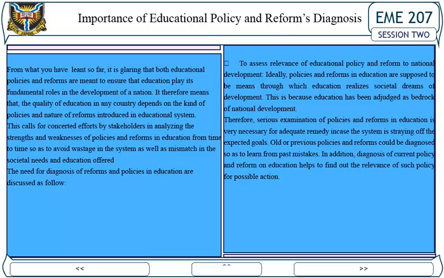This calls for concerted effort by stakeholders in analyzing the strengths and weaknesses of policies and reforms in education from time to time so as to avoid wastage in the system as well as mismatch in the societal needs and education offered.